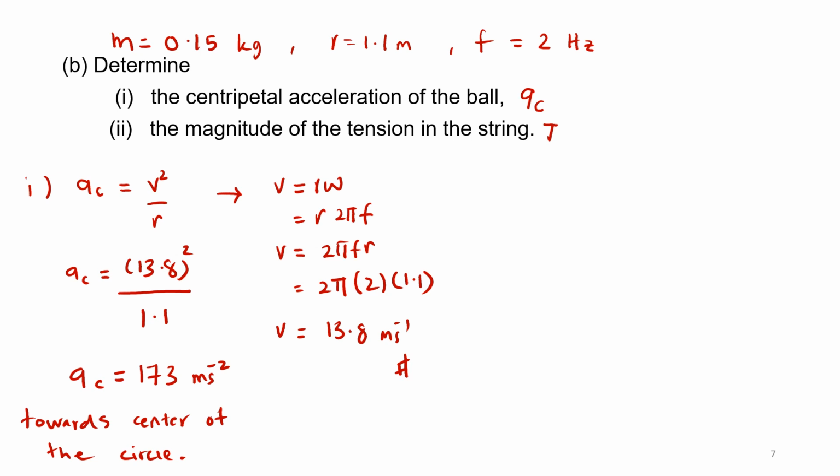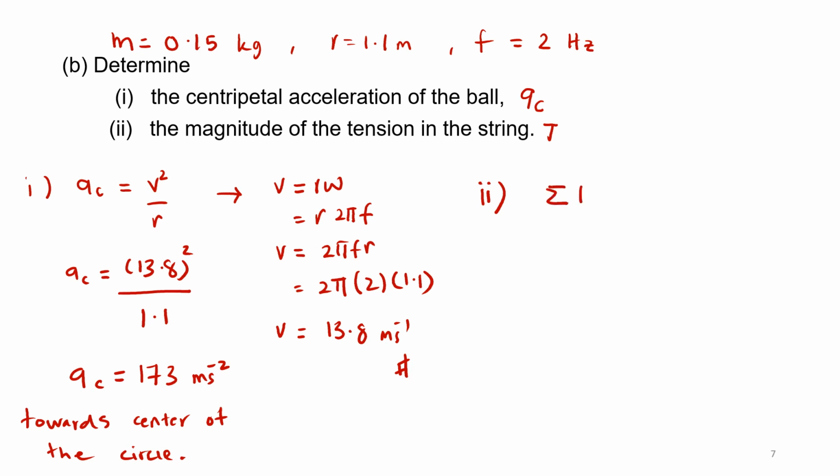Okay, next for question 2, the magnitude of tension in the string. The net force that causes the uniform circular motion is what we call the centripetal force, which enables the ball to move in a circle, and it's provided by the tension in the string.